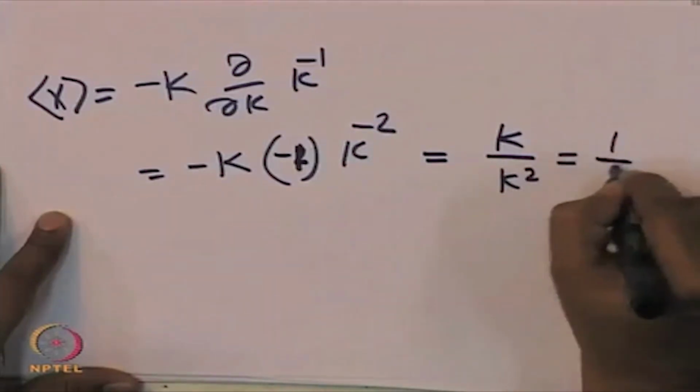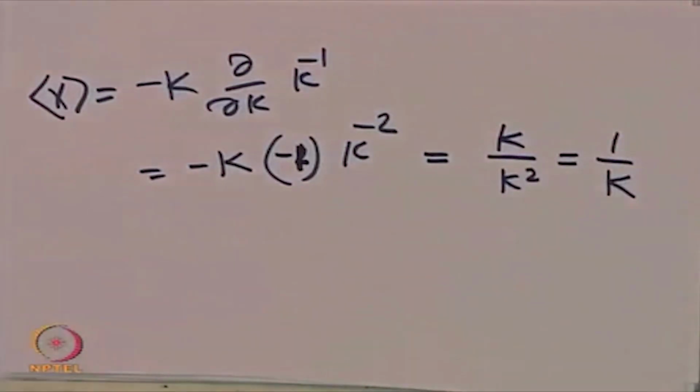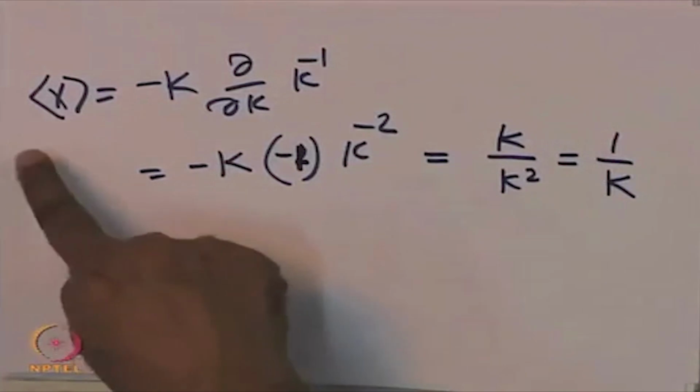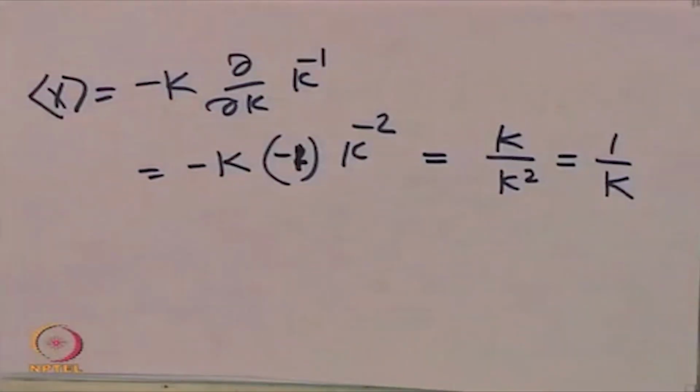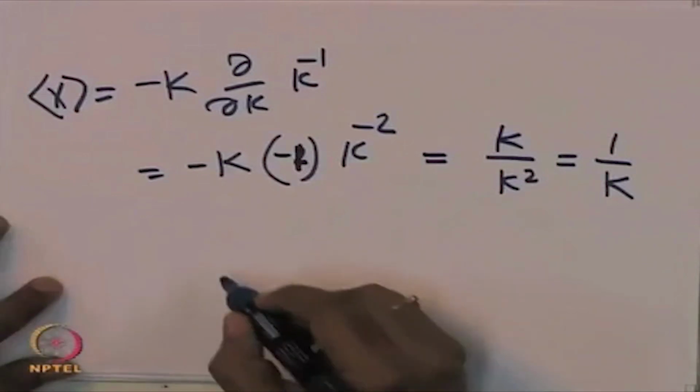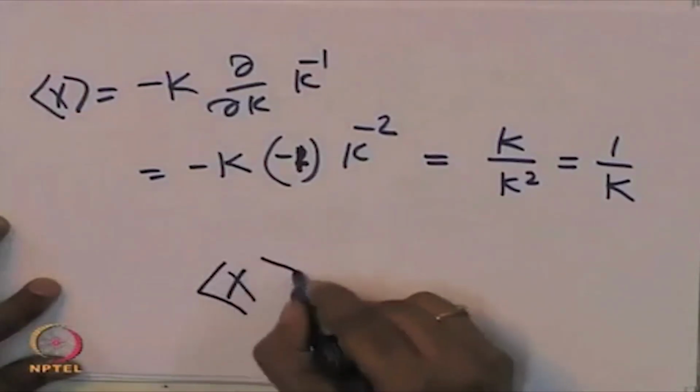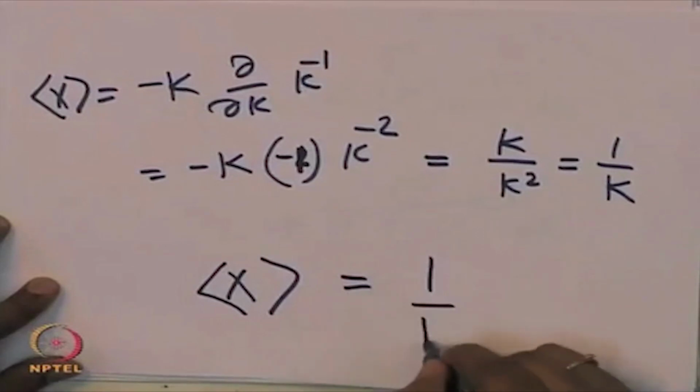So, the answer is 1 over k. The x average turns out to be 1 over k. So, the x average for an exponential distribution is 1 over k.